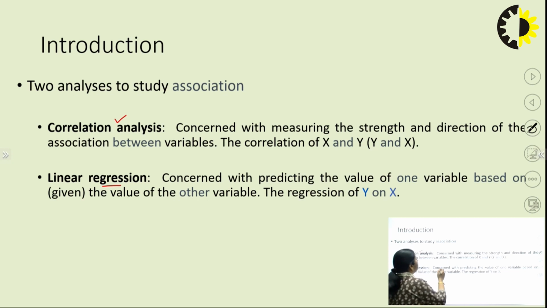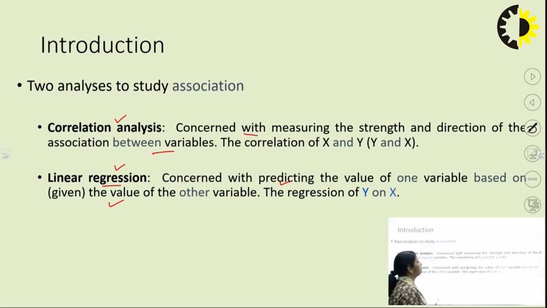Correlation is concerned with measuring the strength and direction of the association between variables. While linear regression is concerned with predicting the value of one variable based on the value of the other variable.